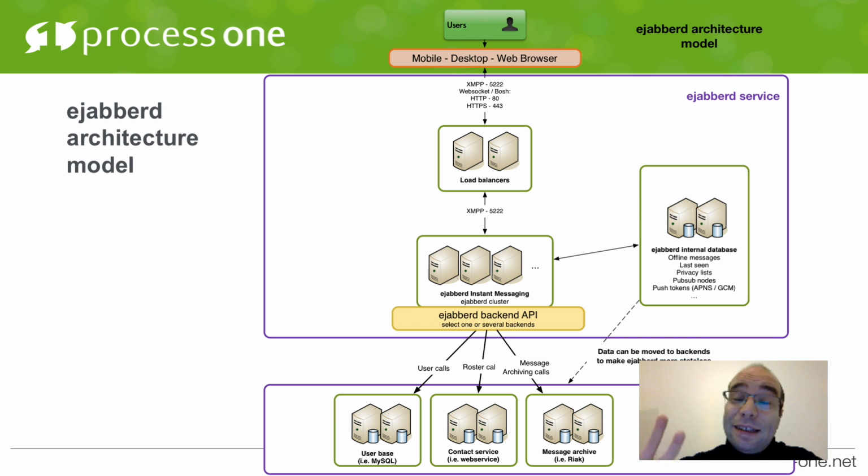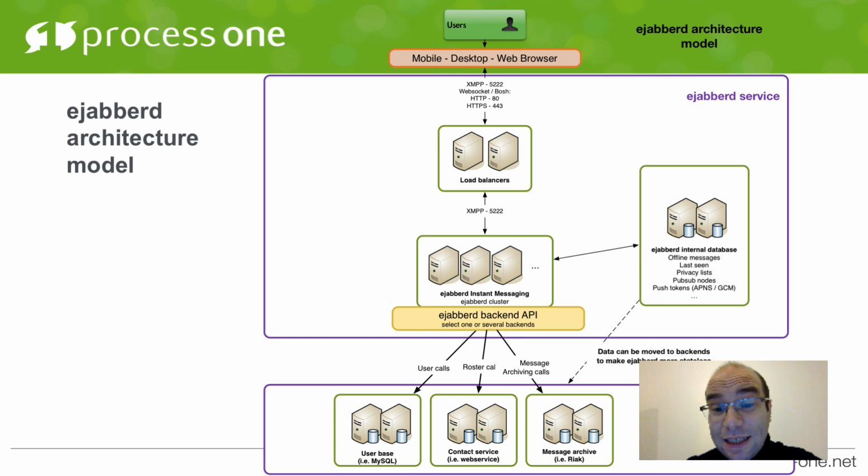So it means that ejabberd architecture really has to be designed. You should not just deploy ejabberd, put in a default configuration and expect it to work fine, to scale fine and to work for any type of configuration you will be using.